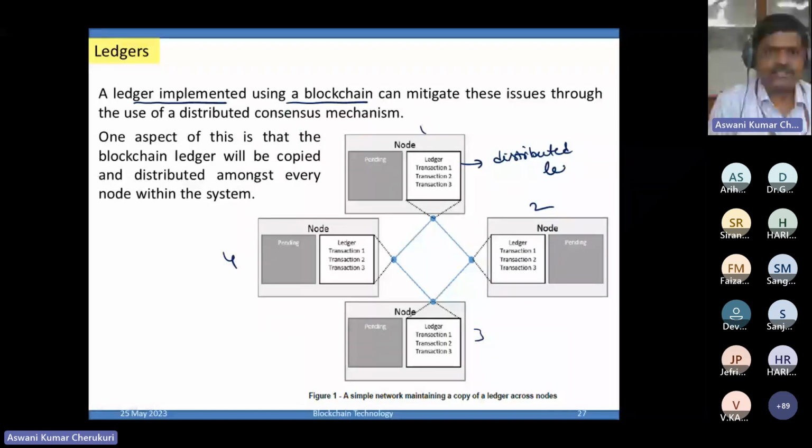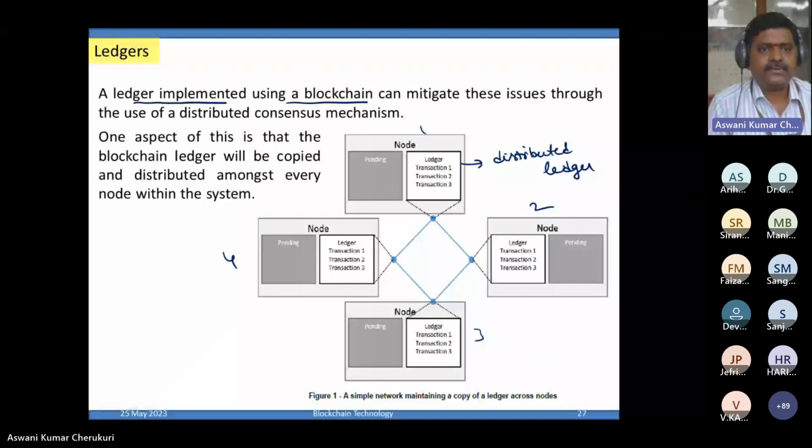The ledger is distributed, right? Each node is maintaining the ledger. You see here, the ledger has transaction 1, transaction 2, transaction 3. So every node has the same ledger now.